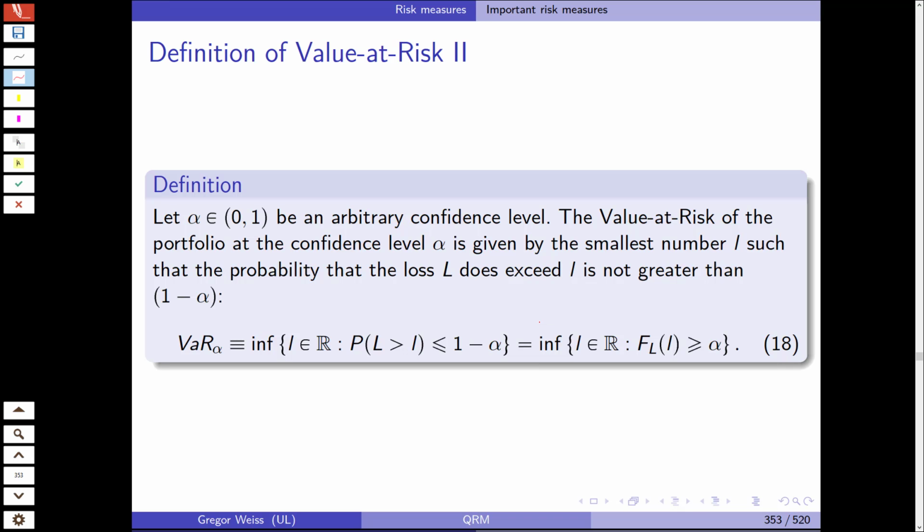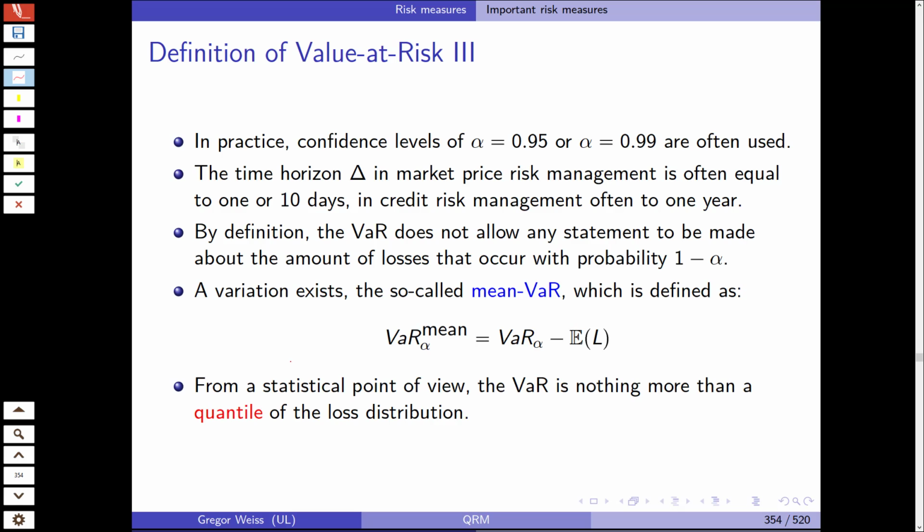So it's the infimum of real numbers l such that l inserted in the distribution function is larger or equal than alpha. This is the definition of the alpha percent VaR. It's simply a quantile. In practice, we often see alpha being 95, 99, or even 99.9%.